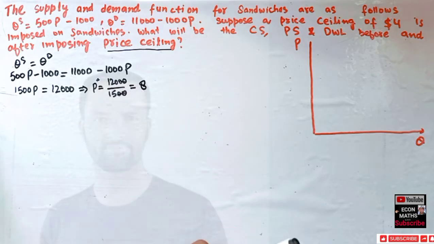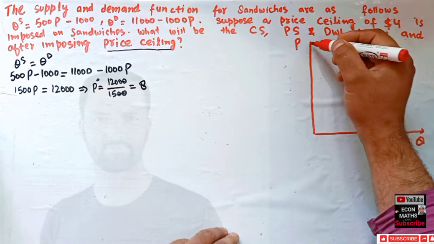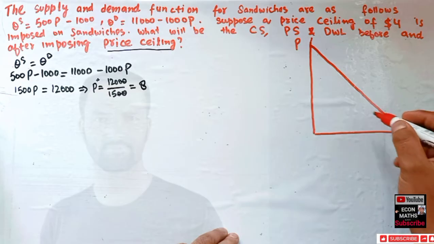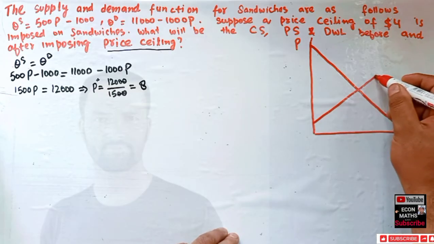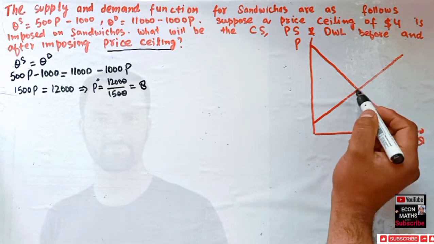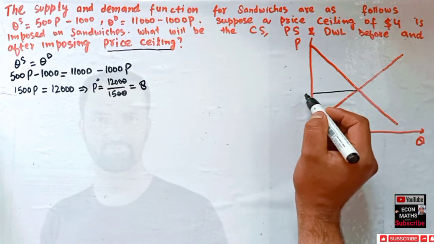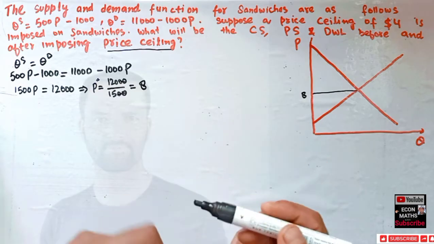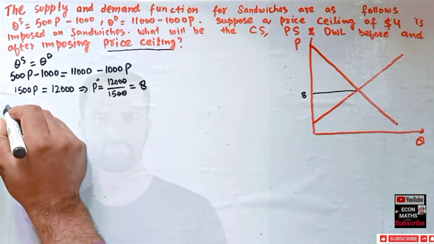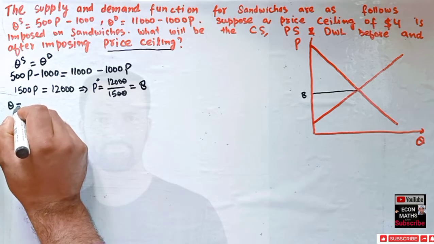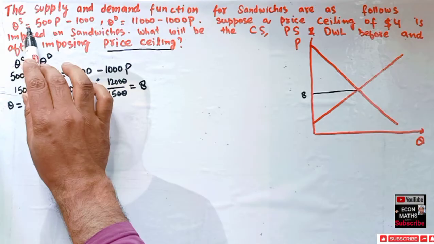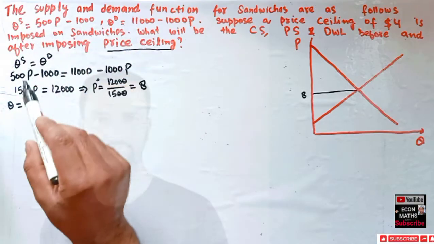That means if we draw the demand curve like this, and we have the supply curve like this, our equilibrium price would be 8. And what will be our equilibrium quantity? We just plug p is equal to 8 in either the quantity supplied function or quantity demanded function.